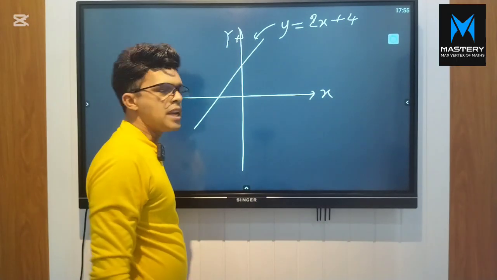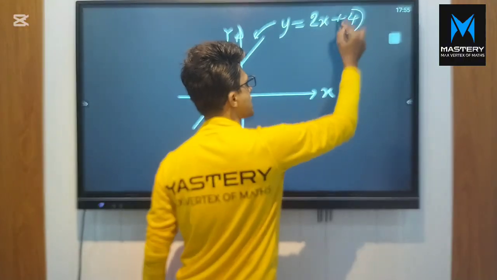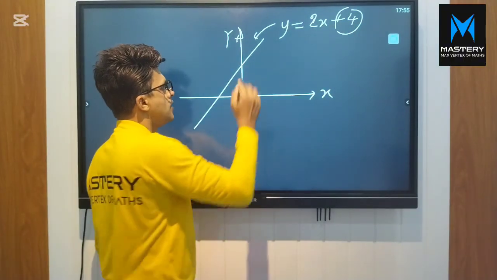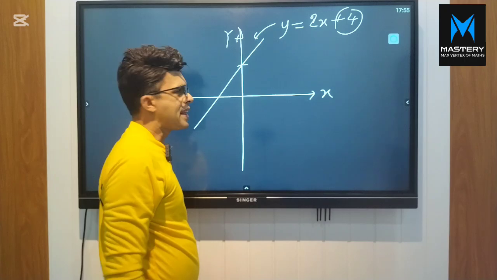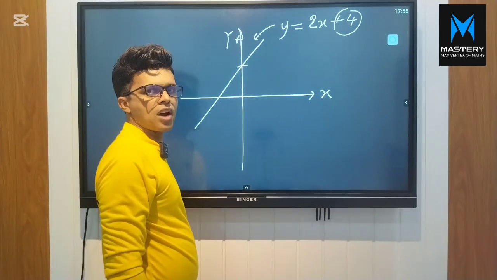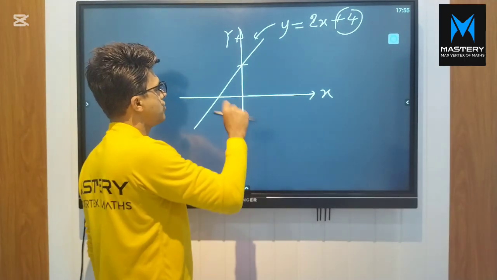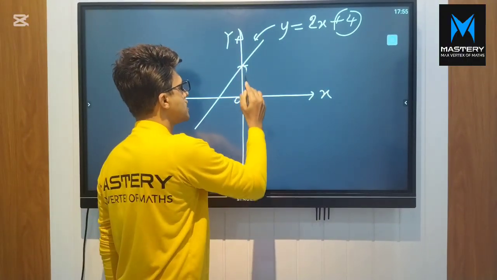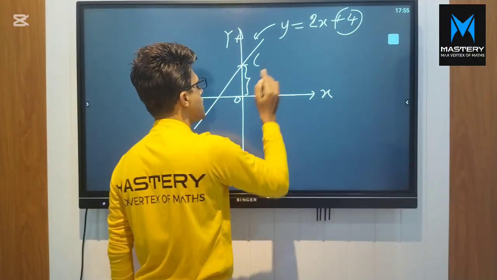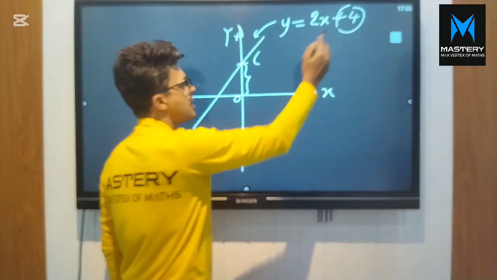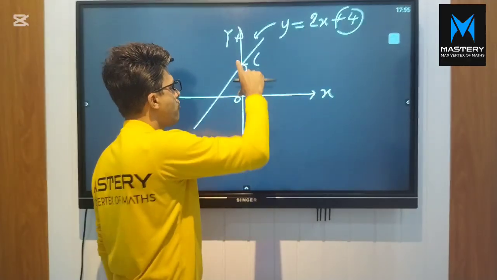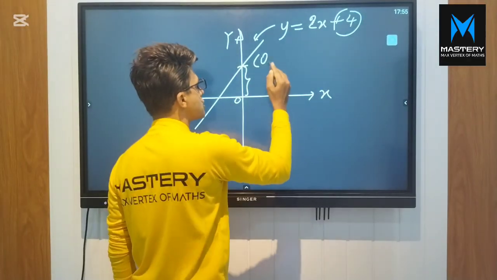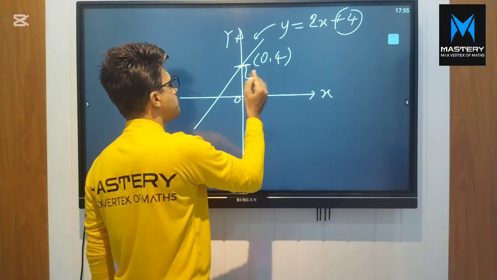You have been taught that when this value is given, it is considered as the place where this linear graph cuts the y-axis from the origin. I mean, from here to here the distance is this value. So this coordinate is (0, 4).